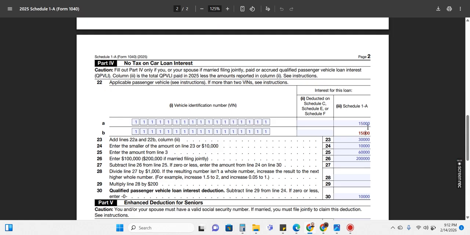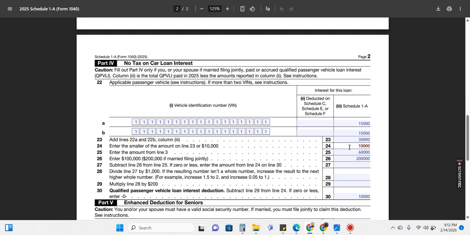The interest for this loan is 15,000 and 15,000. On line 20 you gave the interest for car A, and for car B you gave interest of 15,000. The total interest you paid for the year is 30,000.